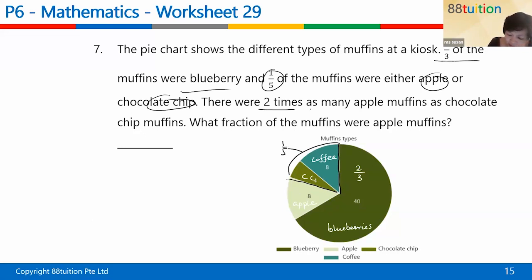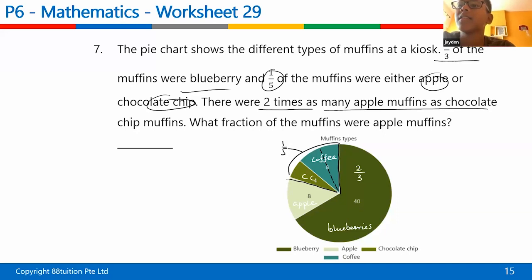There were 2 times as many apples as chocolate. So this one can be cut into 3 parts, which is true, right? 2 times as much as this. Isn't it coffee? It's apple or chocolate chip, not coffee. Wait, coffee is 8, right?